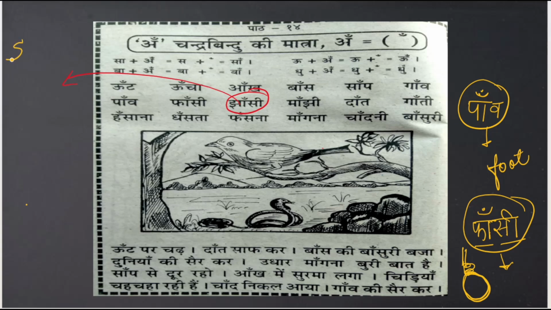This is Jha. This is the matra of A and this is Sa. This is the matra of Badi E. Now it became Jhasi. But due to this matra of Chandrabindu, it became Jhansi. It is a city in UP, a state of India.